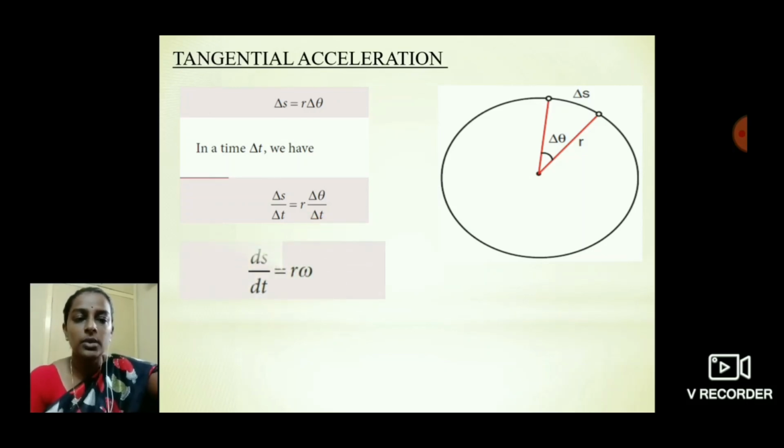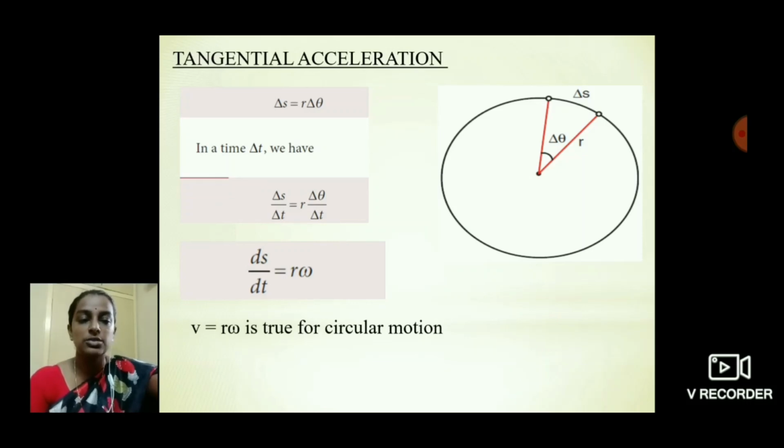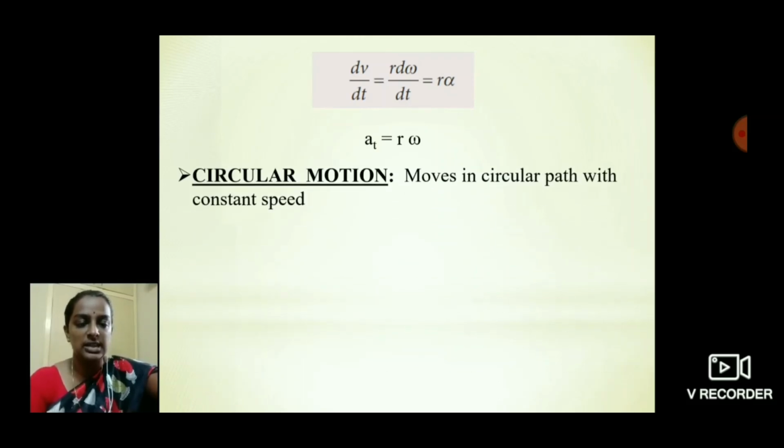And we know delta s by delta t is equal to r omega. V is equal to r omega is true for circular motion. Therefore, we can write dv by dt is equal to r d omega by dt, that is equal to r alpha. And at is equal to r alpha. This is the tangential acceleration.